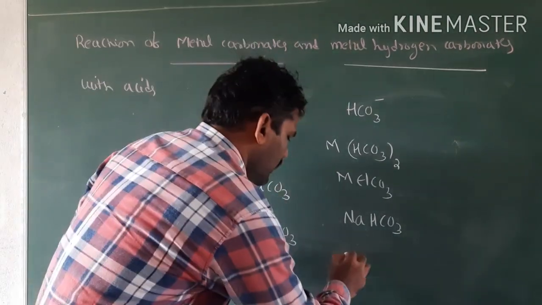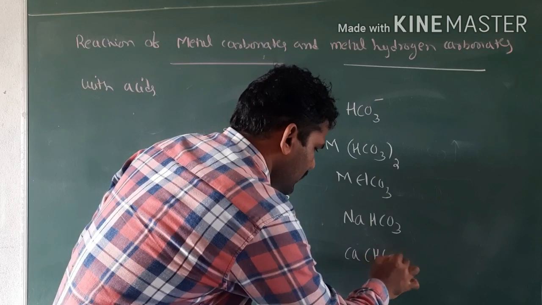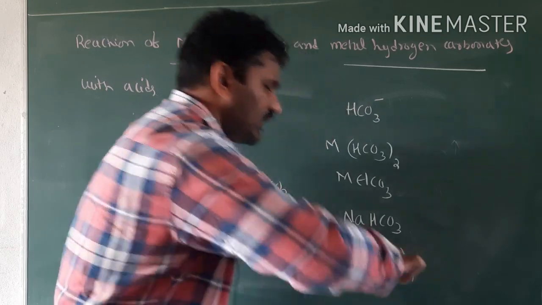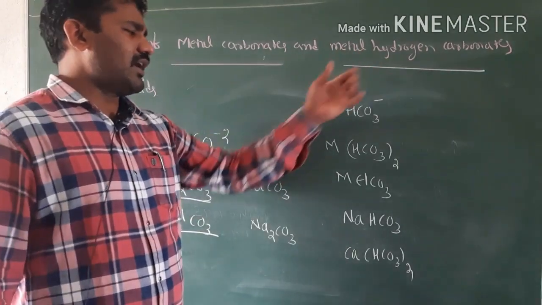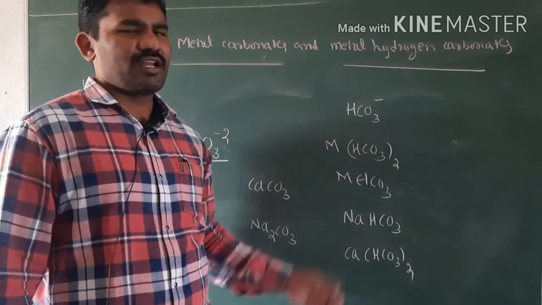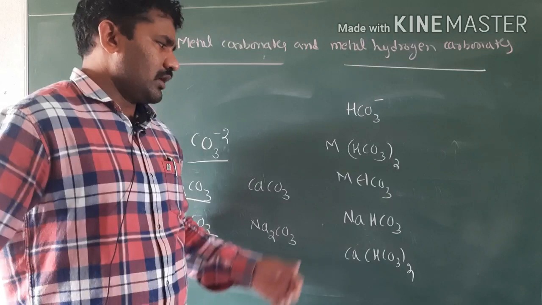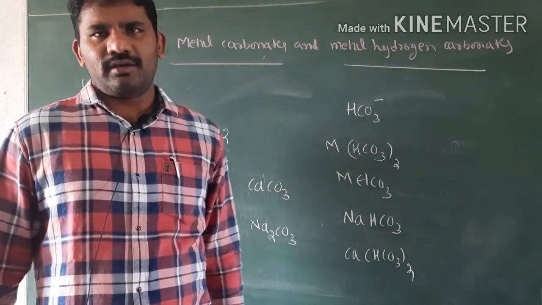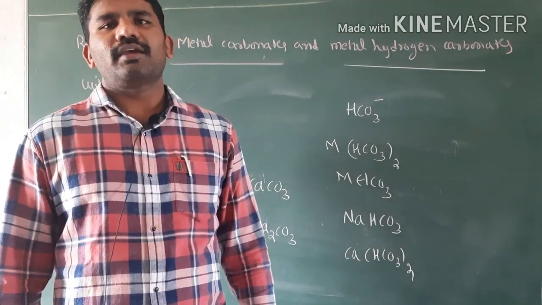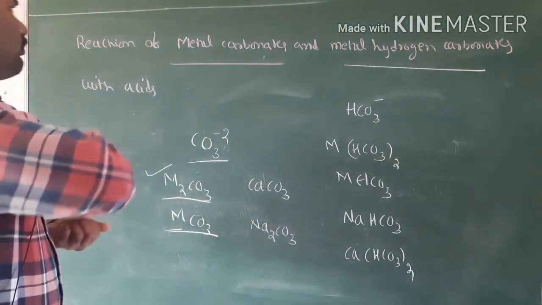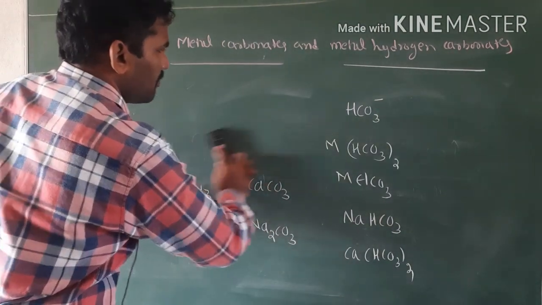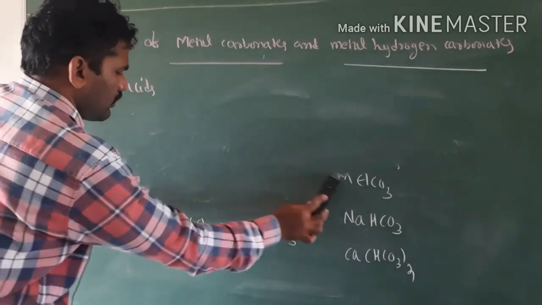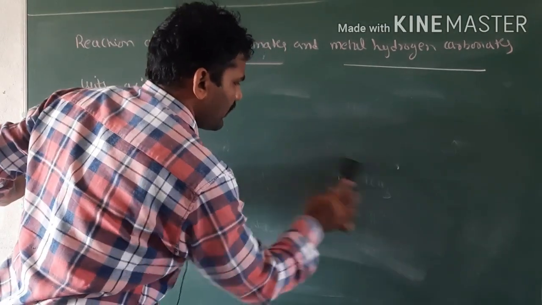For calcium hydrogen carbonate we are writing Ca(HCO3)2. So, in case of metal hydrogen carbonate, HCO3- will be the anion and M will be the respective metal cation.